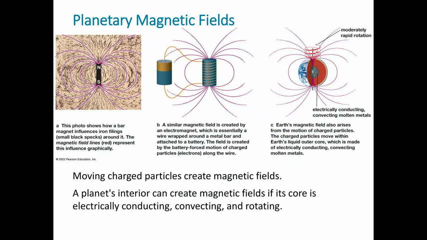So this is a permanent magnet. You can also make a magnet by wrapping a coil of wire around a piece of metal and then running a current through that wire, and you get the same type of magnetic field.